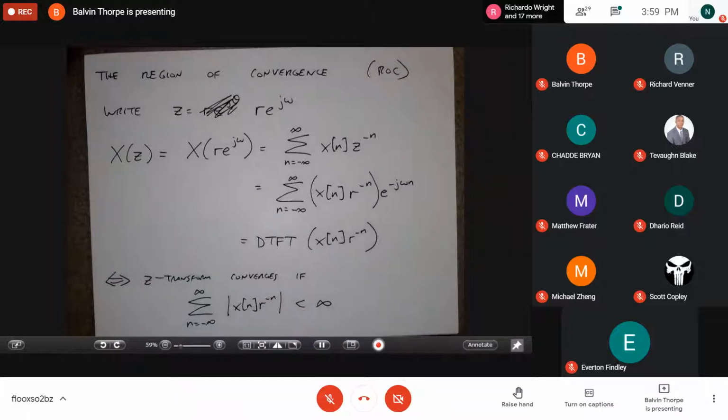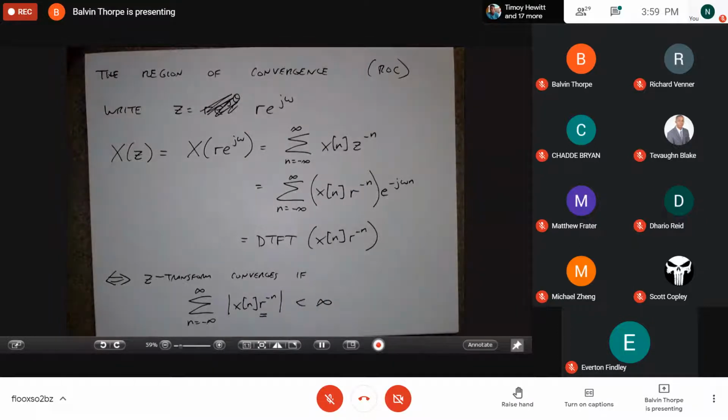But it's also possible that r equals 1 does not satisfy this criterion, but if I crank up r, if I dampen down the original signal by multiplying it by some decreasing exponential, maybe I could get the sum to converge, and the Z transform would exist for that certain value of r. So I'm looking to see what is the range of r for which this sum converges.